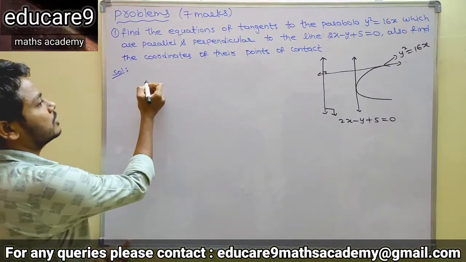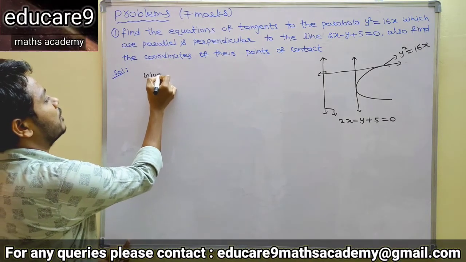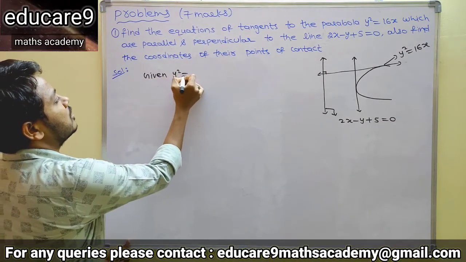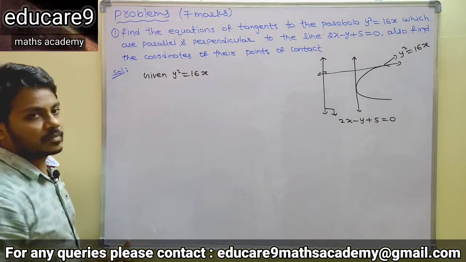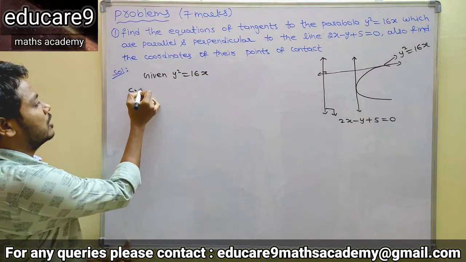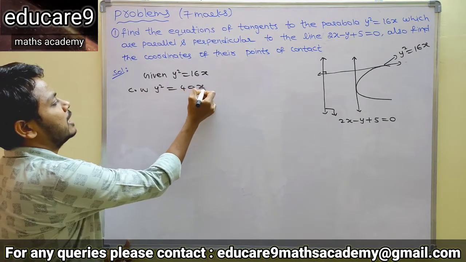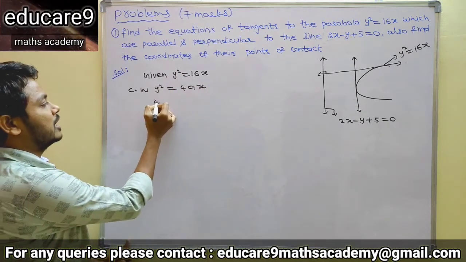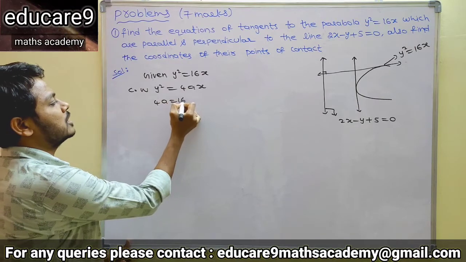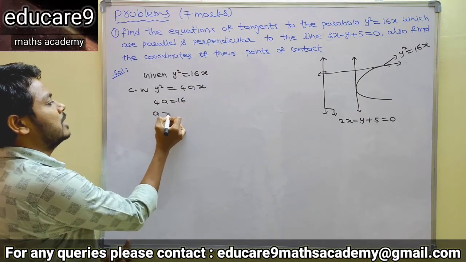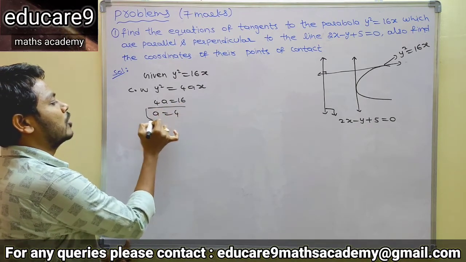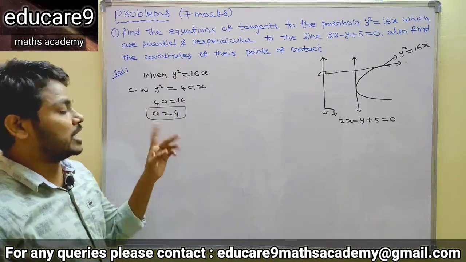See here, given parabola y square is equal to 16x. So comparing with y square is equal to 4ax, clearly 4a is equal to 16. From this, a is equal to 4. So the value of a is 4.